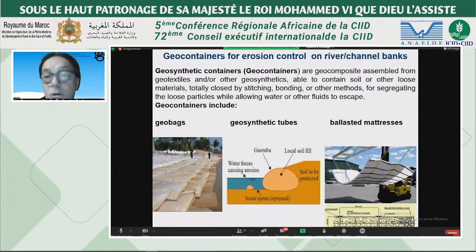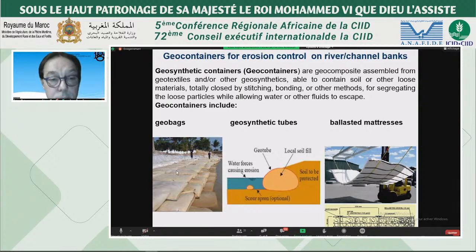Les conteneurs géosynthétiques sont assemblés de géotextiles capables de contrôler le sol et d'autres matériaux, totalement remplis et fermés par couture ou autrement, ne permettant pas à l'eau de partir.